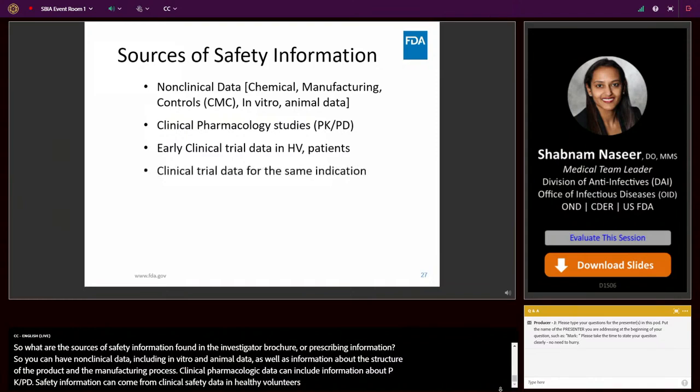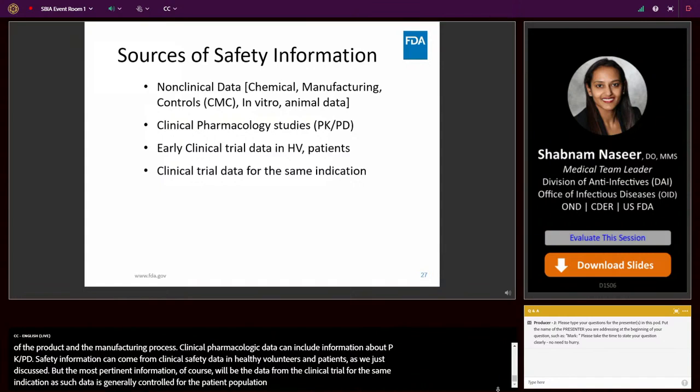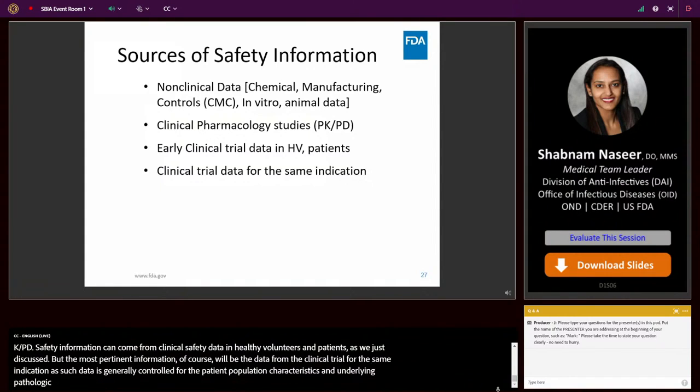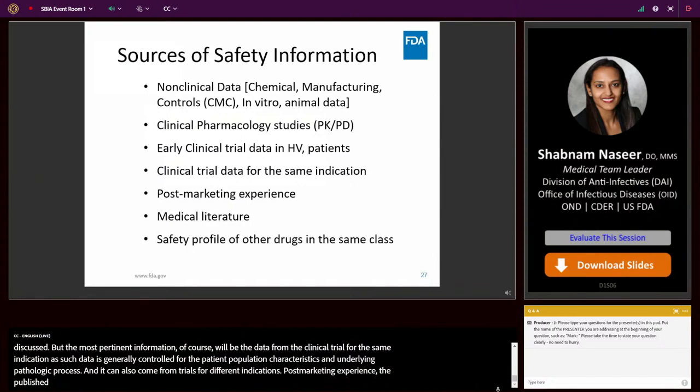But the most pertinent information, of course, will be the data from the clinical trial for the same indication, as such data is generally controlled for the patient population characteristics and underlying pathologic process, and it can also come from trials for different indications. Post-marketing experience, the published medical literature, and last but not least, safety profiles of other drugs in the same class can give you safety information.